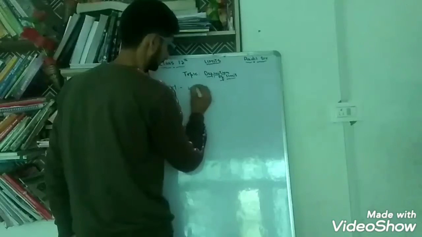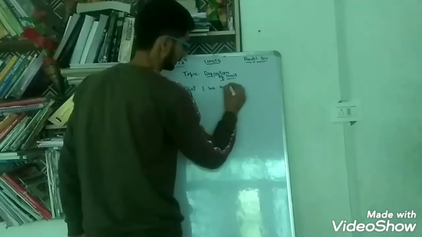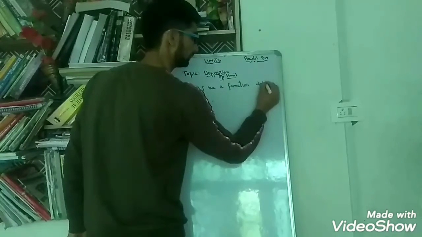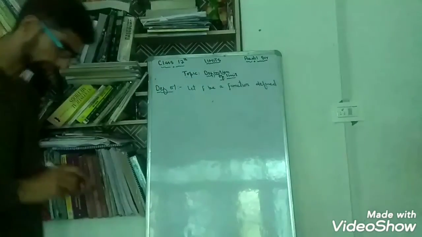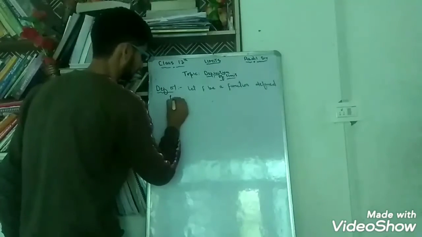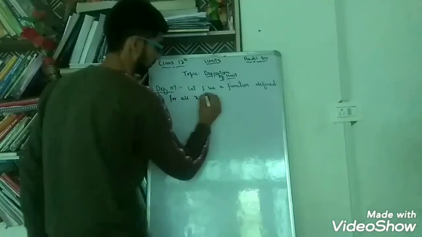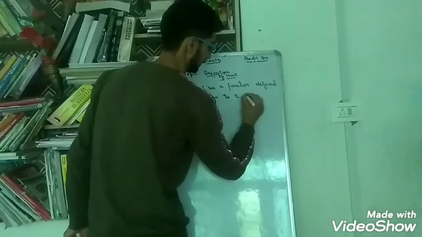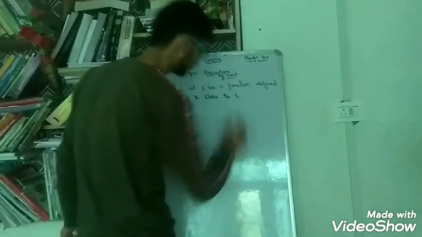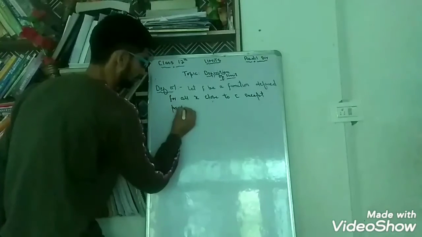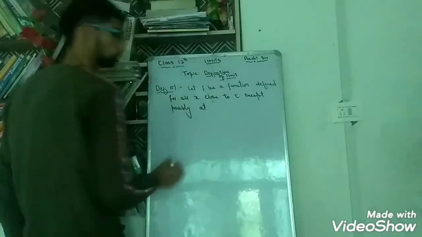Alright, let f be a function defined for all x close to c except possibly at c.